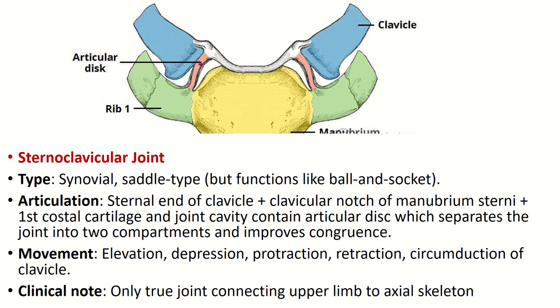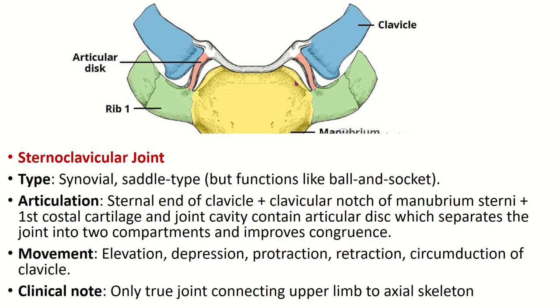The sternoclavicular joint is a special type of joint because its joint cavity contains an articular disc that divides the cavity into two, so the range of movement is like a ball and socket type, and due to the articular disc, multiple movements are possible in this joint: elevation, depression, protraction, retraction, and circumduction.